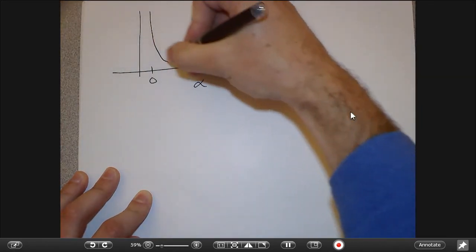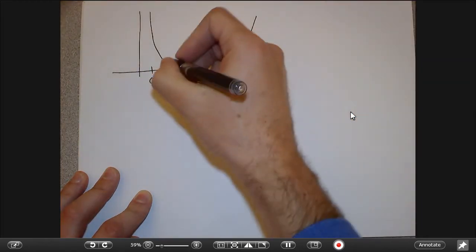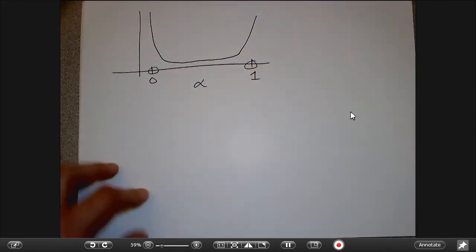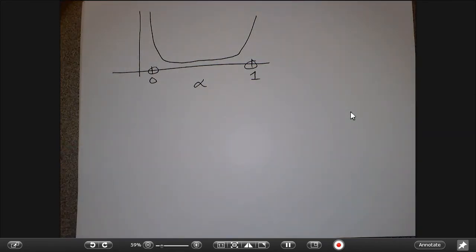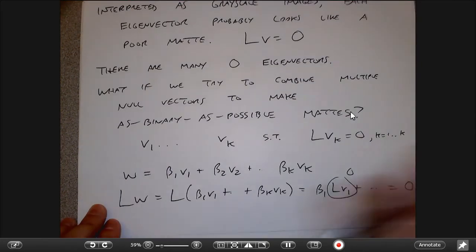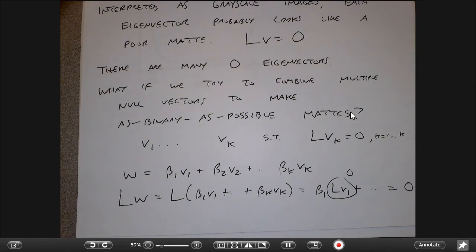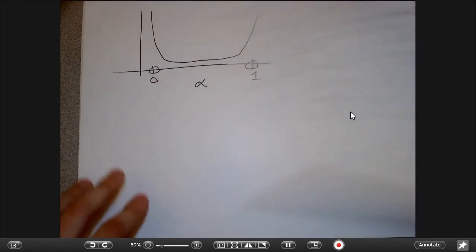That's like saying that almost all the time alpha is pretty close to this or pretty close to that. So I want to take all the null vectors, all the small eigenvectors that I can find, and combine them in ways that look mostly binary.